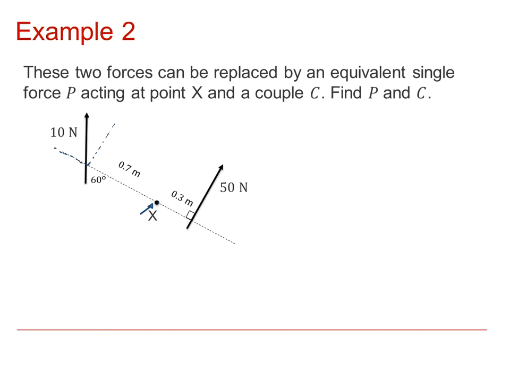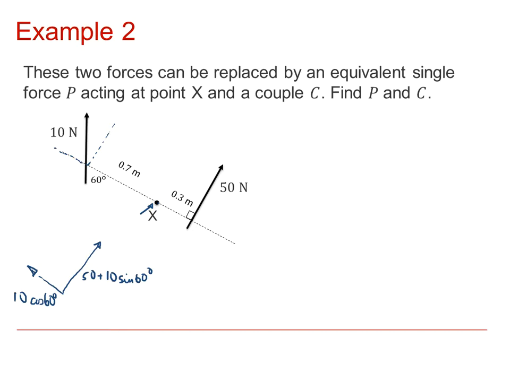Therefore, the totals that we have for our forces are 10 cosine 60 in this direction, and then in this direction 50 plus the 10 sine 60 degrees.